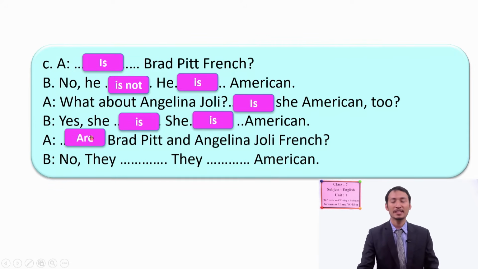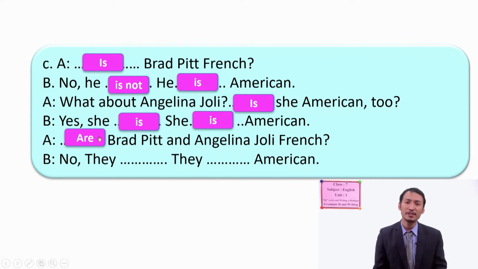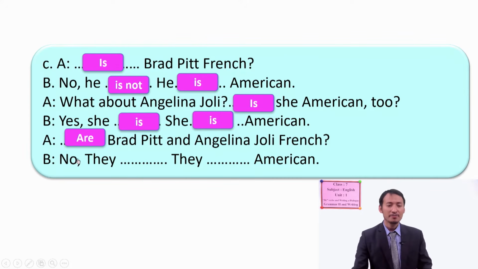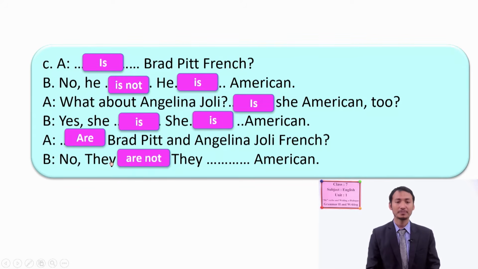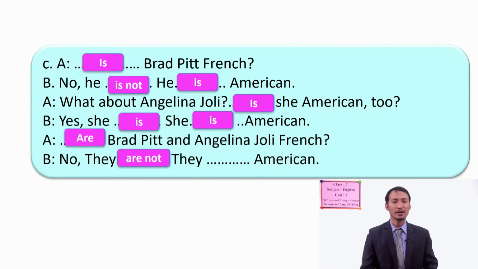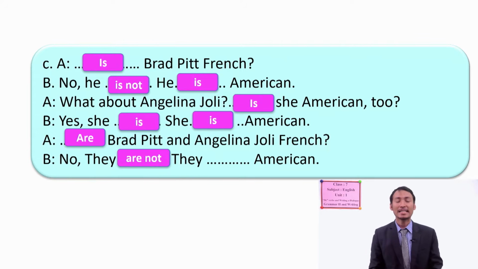Okay, students, here, how do we know are here? Because there is more than one person. Okay, when there is more than one person, we need the plural be verb are. Okay, students, so is is singular and are is the plural be verb. And we have another answer, no, they are not or aren't in the contracted form. They are American.